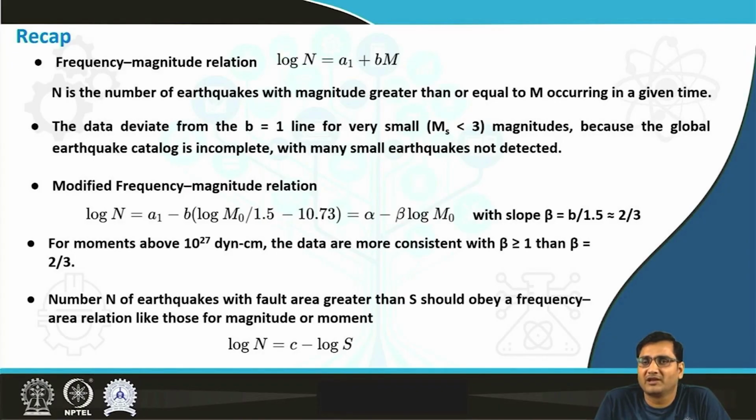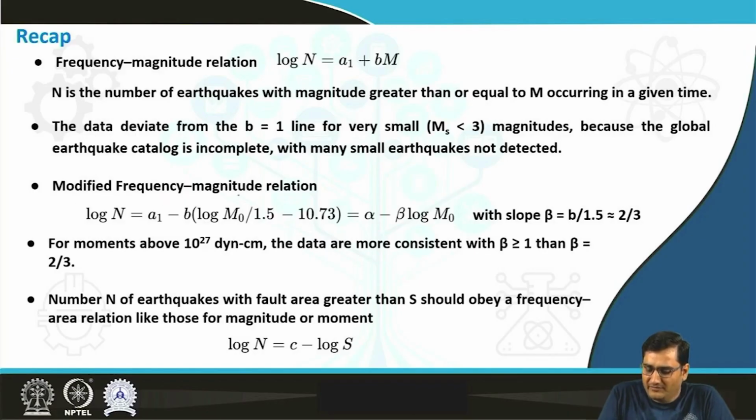Earthquakes such as less than 2 or 1 are very difficult to record, and sometimes the network doesn't have the capability to record those earthquakes. So since the catalogs are incomplete for those earthquakes, the b value may deviate from the 1 line.